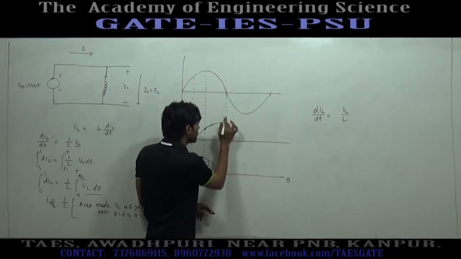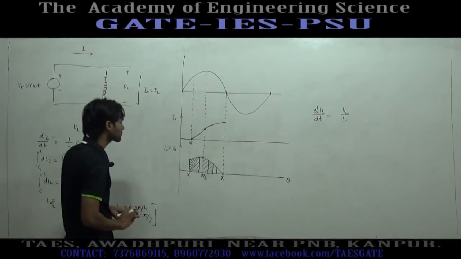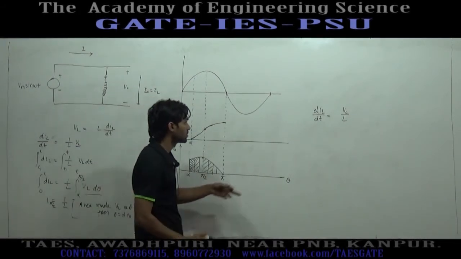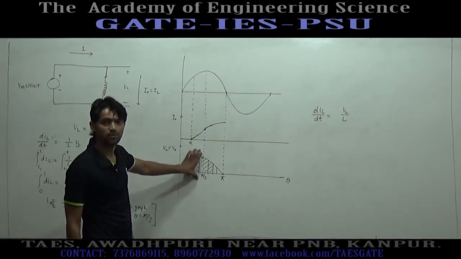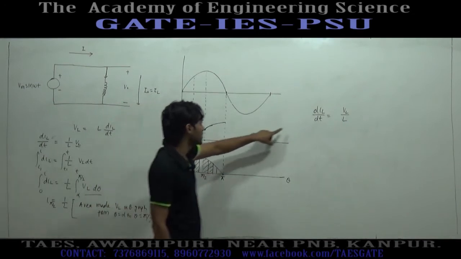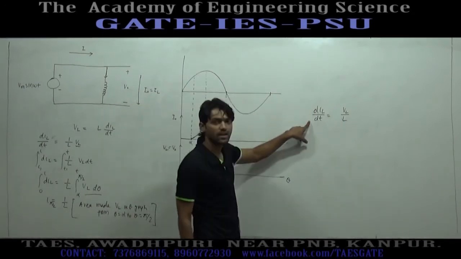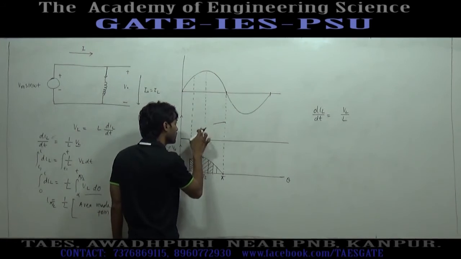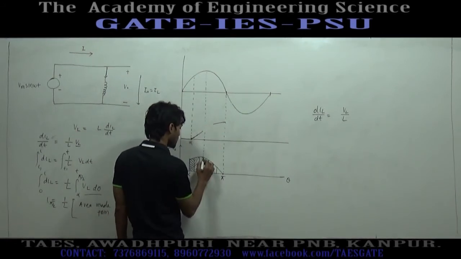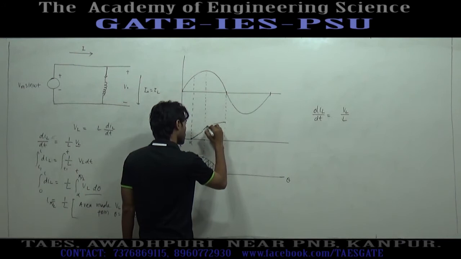That is why I have made this line parallel to the x axis. At omega t equal to pi by 2 the inductor voltage is maximum, so the rate of change of inductor current is maximum. So the inductor current graph will have a maximum slope at omega t equal to pi by 2.